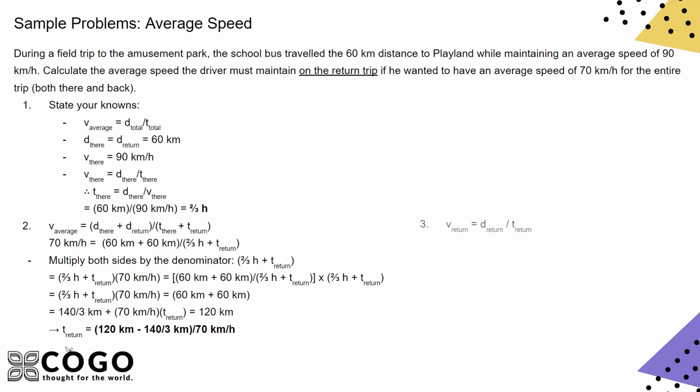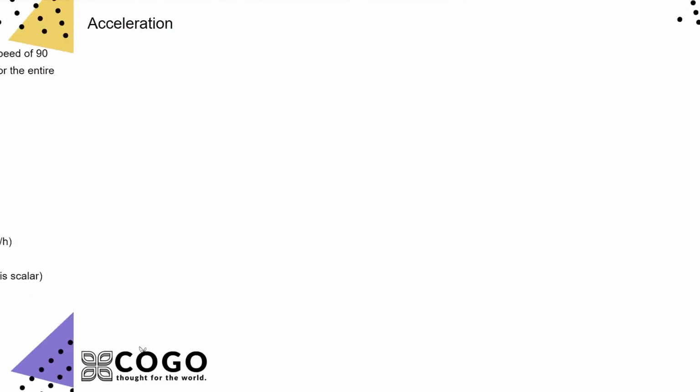Finally, we can derive the final equation based on the formula return velocity equals return distance over return time. Now, you should end up with an answer of 57.27 kilometers per hour, or 57.3 if you're rounding to 3 significant figures. Note that no direction is included in the answer because speed is a scalar quantity.